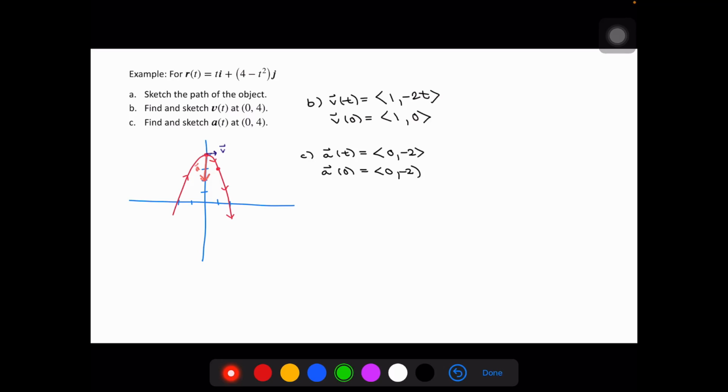And so the acceleration vector gives us information about both how the speed of the object changes, as well as how the direction of the object changes. At this particular point, we can see that the direction of the object is definitely changing.